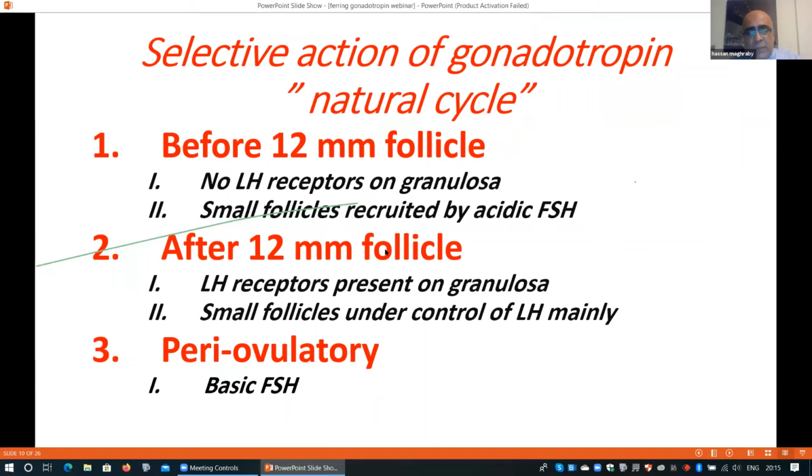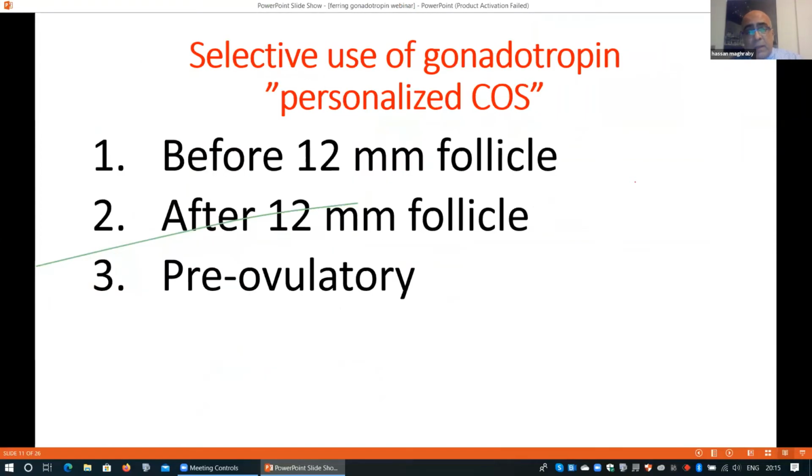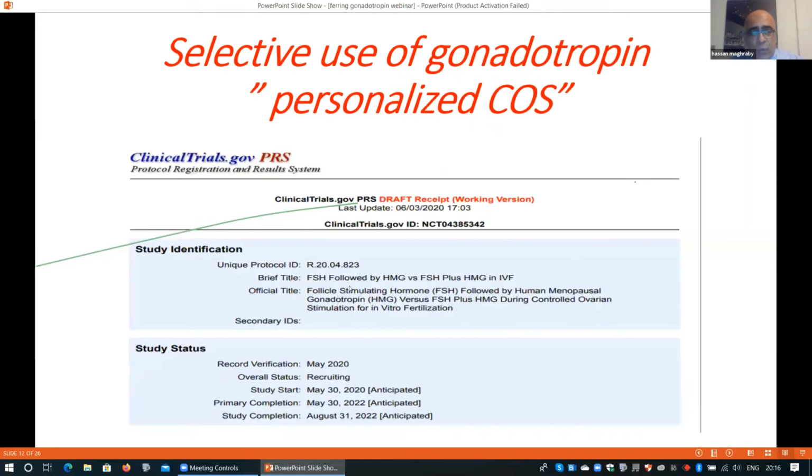After 12 millimeter, LH receptor is present on the granulosa cells, and the follicles are under the control of LH mainly, which allows the follicle to grow and estradiol to be secreted. Selective use of gonadotropin or personalized ovarian stimulation means that stimulation should differ when the follicles are small as compared to when the follicles are larger than 12 millimeter.